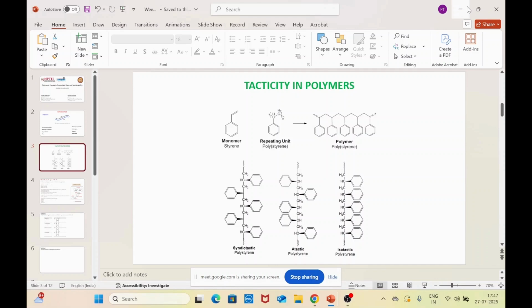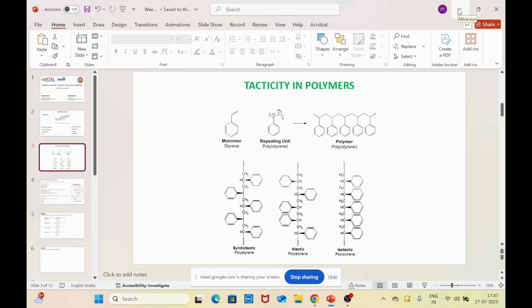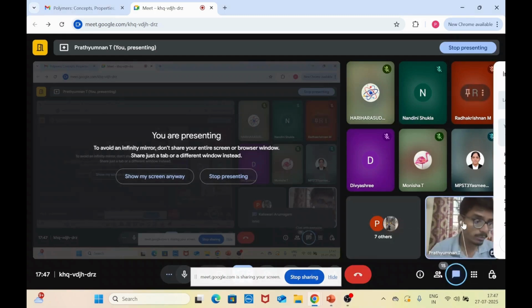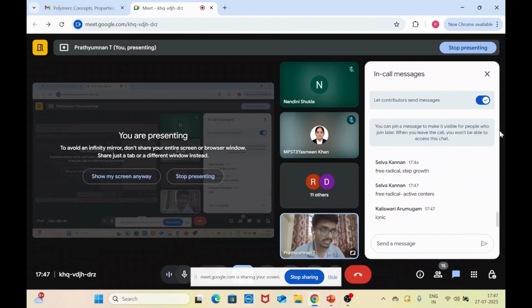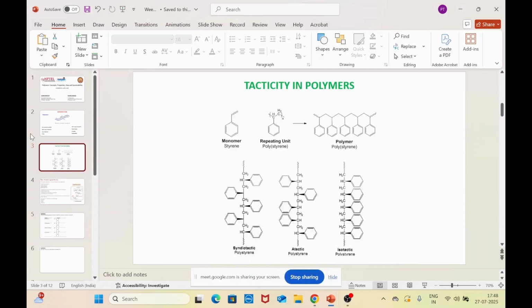Okay, then the other kind, free radical polymerization. Again, free radical polymerization is also some sort of an addition polymerization, wherein the free radicals will react with each other, and then ionic polymerization, yes, ions will interact with each other, free radical active centers, yes, so that is fine.